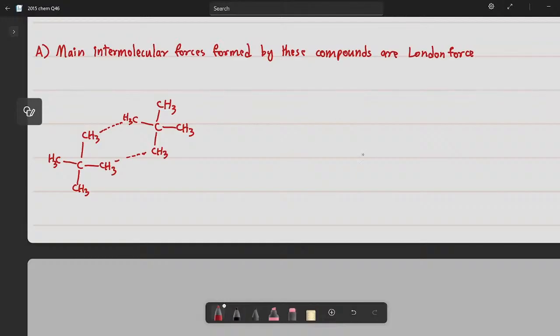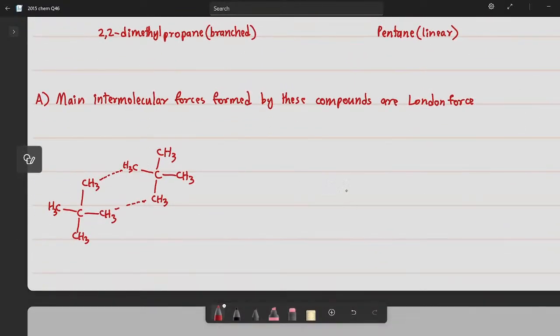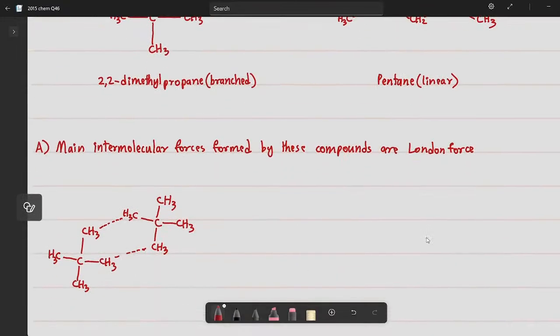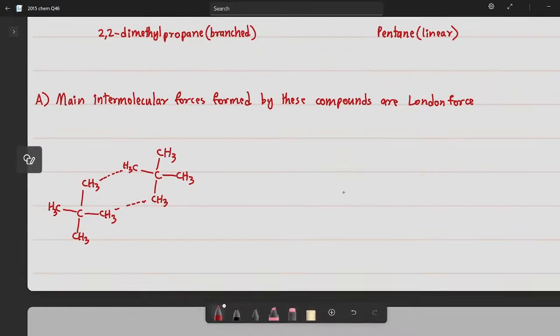But now compare it with pentane and the interaction formed between the molecules. For pentane, I'm going to quickly draw the skeletal diagram so that it's a shortcut and easier. It's also highly useful for the exam since the time is very challenging and it's only 90 minutes, so you have to solve it very quickly.